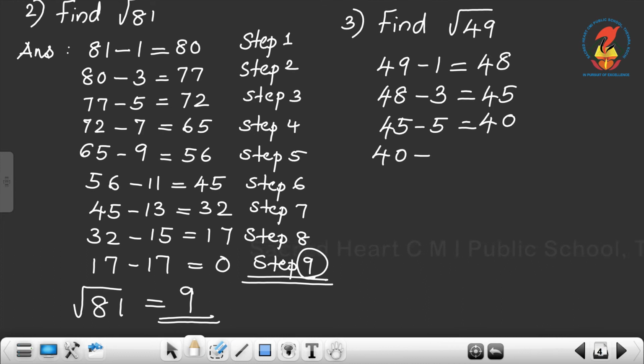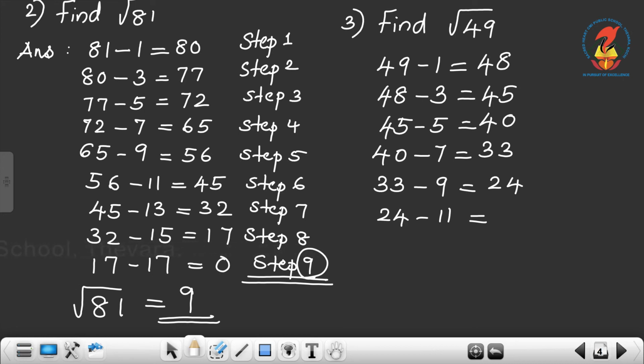Then 40 minus 7 equals 33. Then 33 minus 9 equals 24. Then 24 minus 11 equals 13. Then 13 minus 13 equals 0.